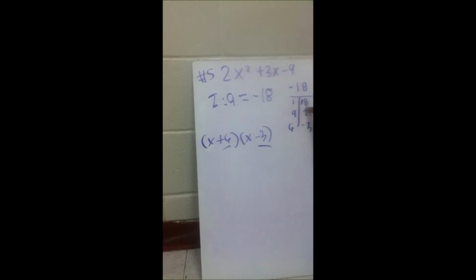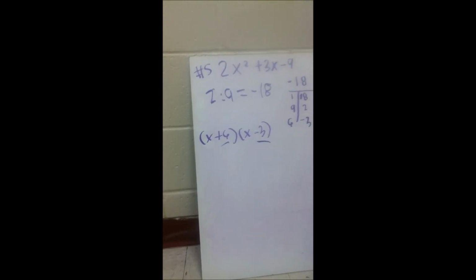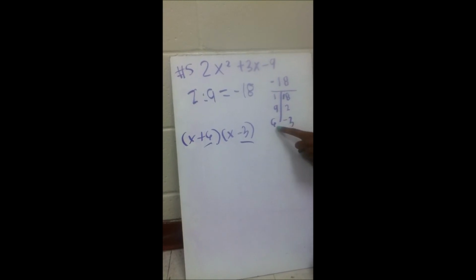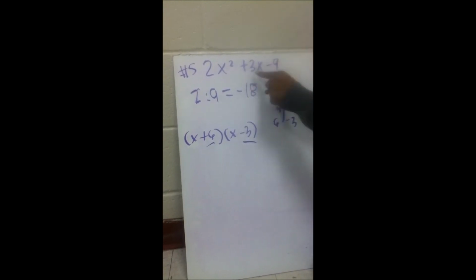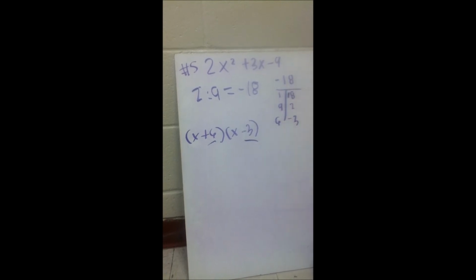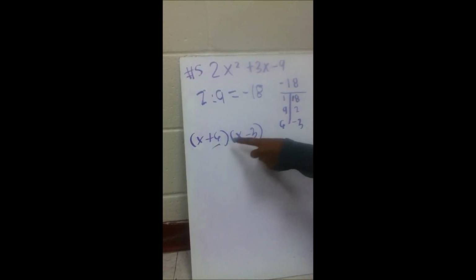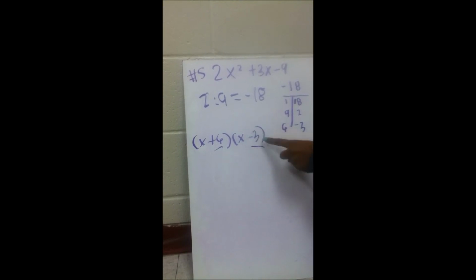So we have 1 and 18, and then 9 and 2, but then there's 6 and negative 3. And the reason why that goes correctly is because 6 minus 3 is 3, and 6 times negative 3 is negative 18. So then you want to write that out as x plus 6 times x minus 3.